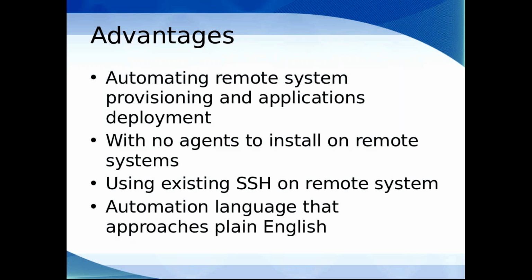For example, there are so many applications which work like a server-client model or server-agent model. So the main application will be on your main server, and a client application will be on your client machines, so that the communication will be established.